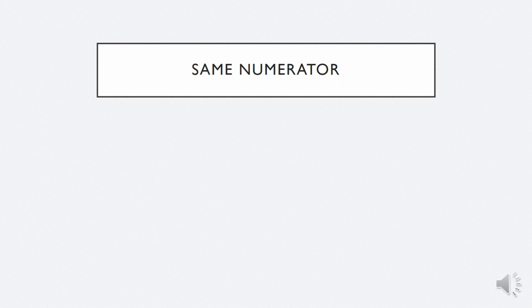The first case we'll look at is when they have the same numerator, right? So we'll start with this example, 17 over 23, and we are comparing that to 17 over 25. When they have the same numerator, you compare their denominators. The one with the smaller denominator is a bigger fraction.